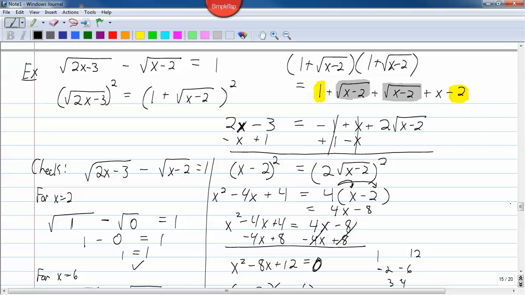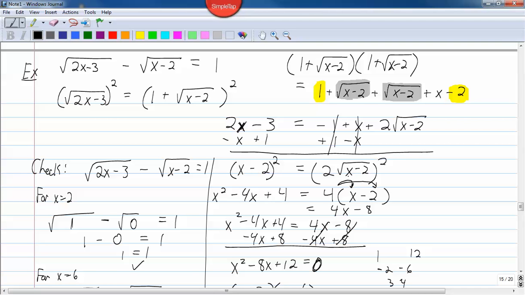So again, just a quick review. If you have 2 radicals, take one and move it over, then square both sides. When you square the side with 2 terms, remember you're going to have to FOIL that out. Once you've FOILed that out, and you have your equation right here, then you want to get the radical by itself again. So move the other terms over that's beside the radical, and again square both sides.